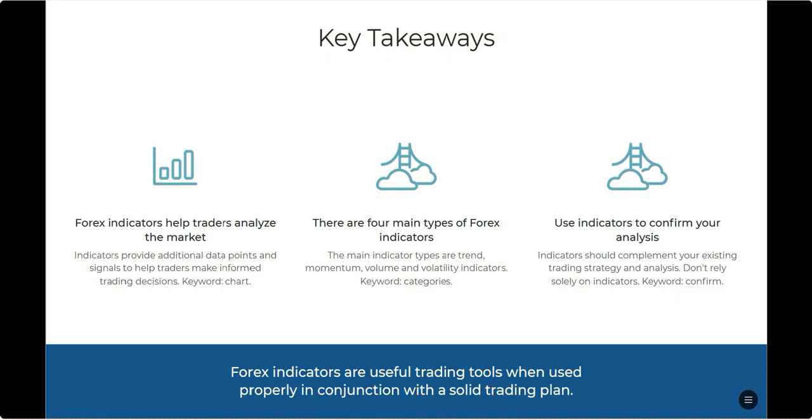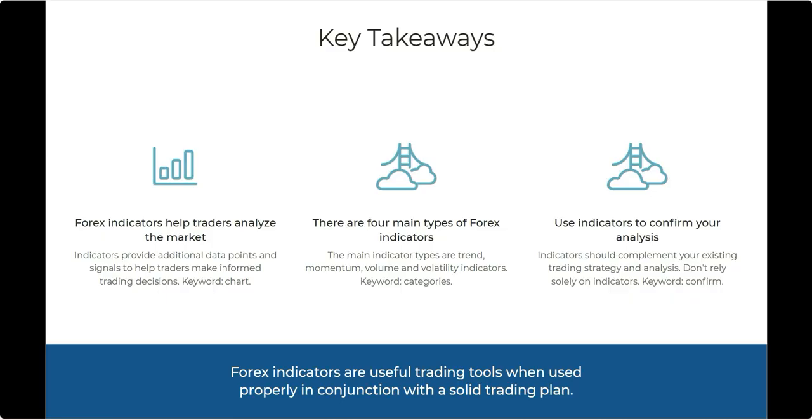Number three, use indicators to confirm your analysis. Indicators should complement your existing trading strategy and analysis. Don't rely solely on indicators, like I mentioned earlier. So Forex indicators are useful trading tools when used properly in conjunction with a solid trading plan.